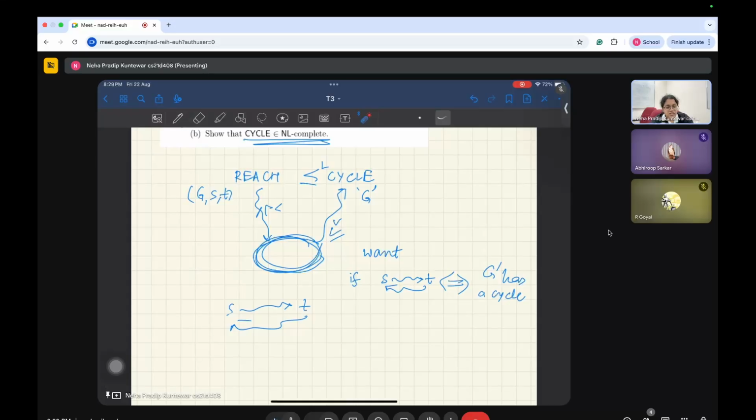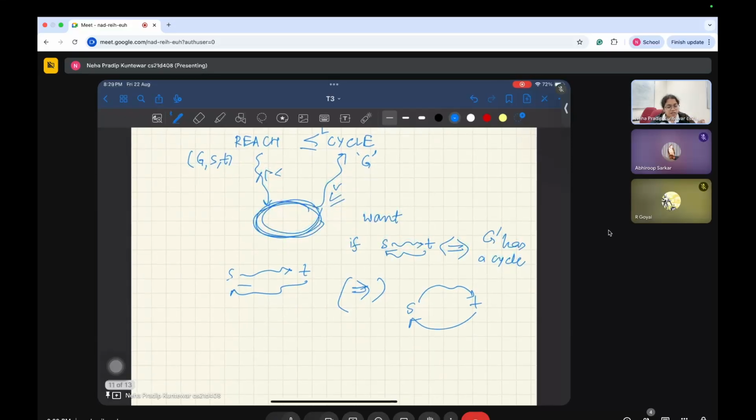But in this case, this part is okay: if there is an S to T path and a T to S path, then I have a cycle in G prime. But in the no case, maybe there is an S to T path, but there does not exist a T to S path. That does not mean that the graph does not have a cycle.